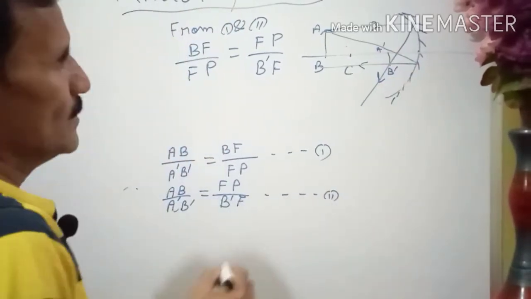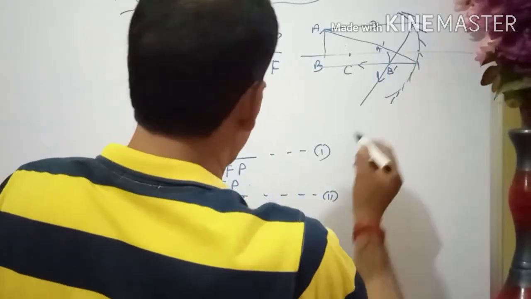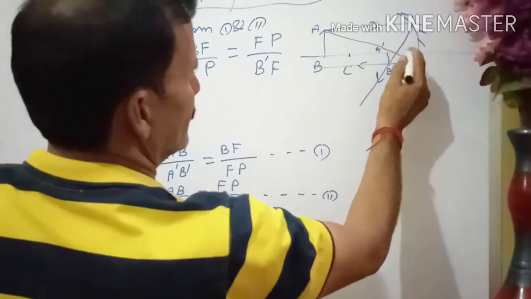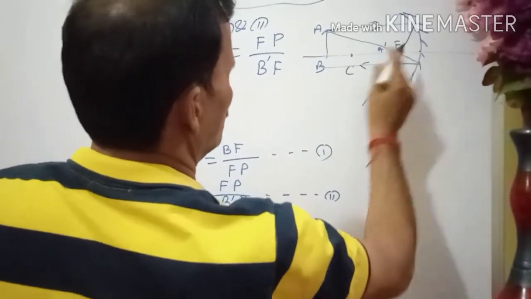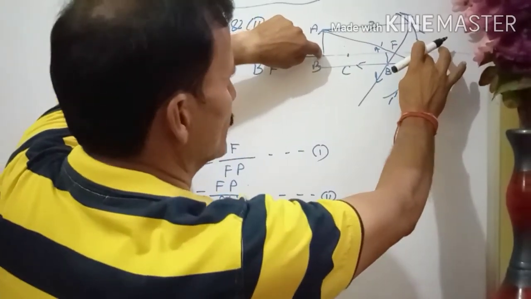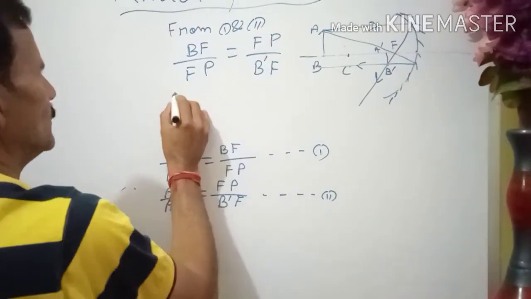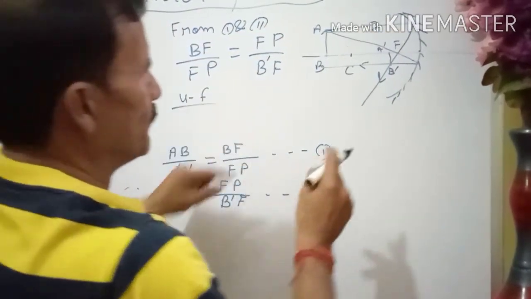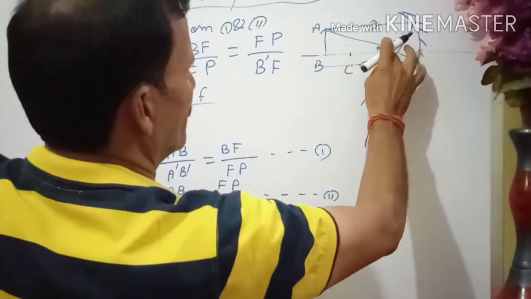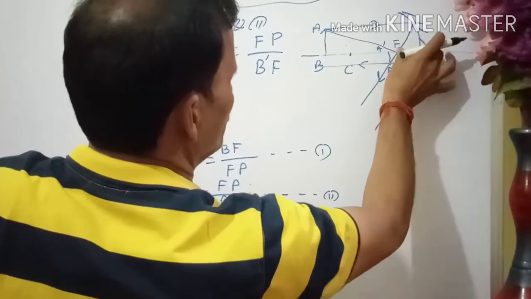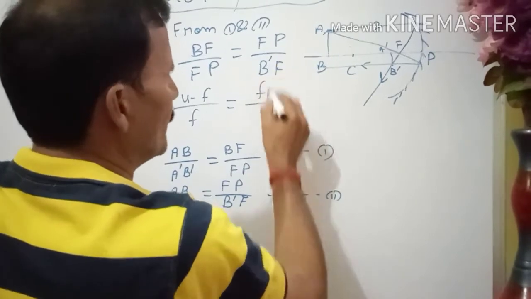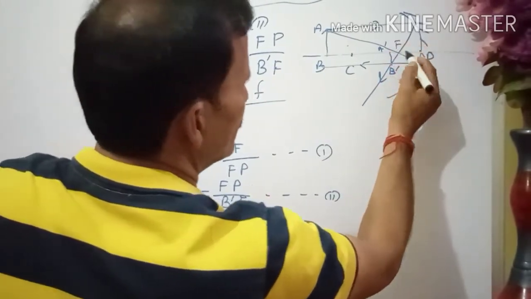BF is nothing but U minus F. U minus F upon FP, and FP is nothing but F, and F upon B dash F is nothing but V.